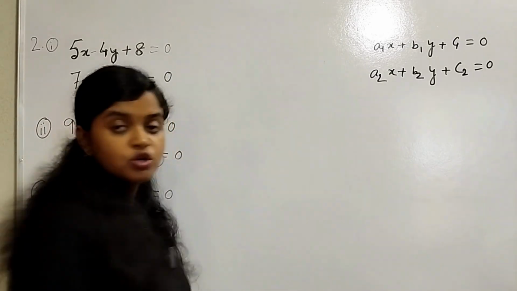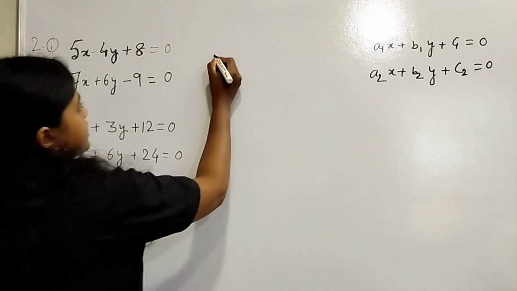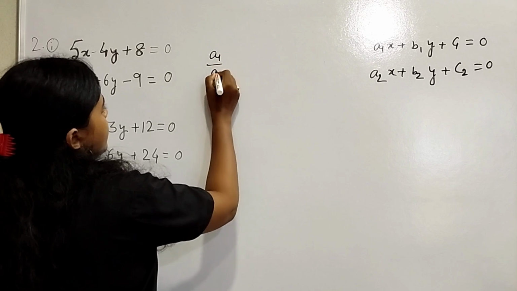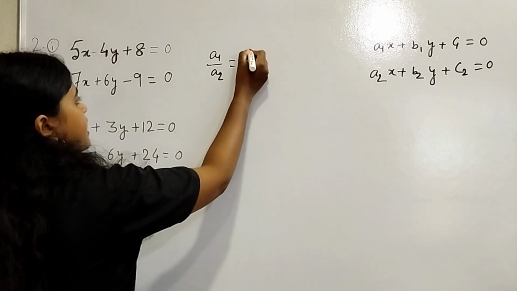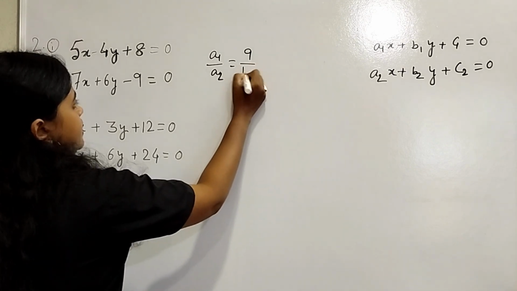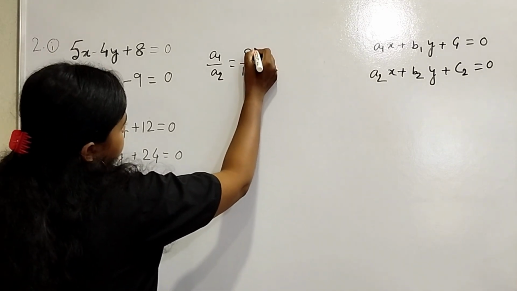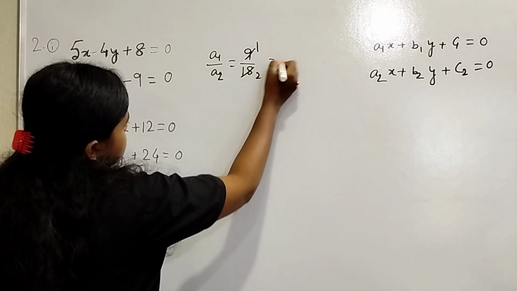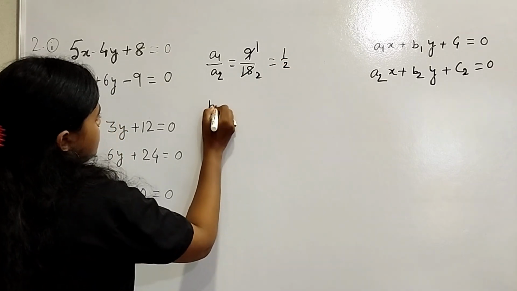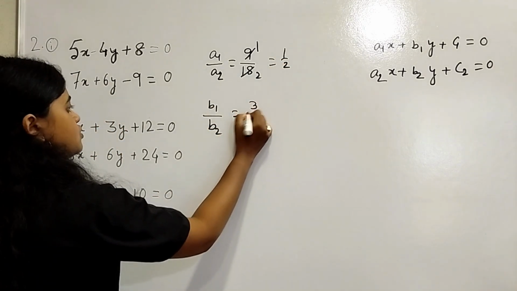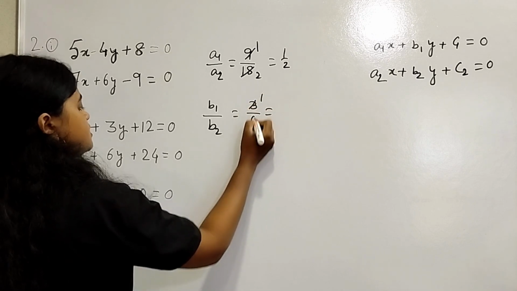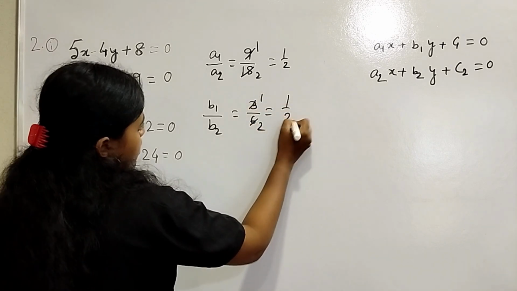For the second question, we are going to find the ratios A1 by A2, B1 by B2 and C1 by C2. A1 by A2 is 9 by 18, and if I simplify that, 9 1s are 9, 9 2s are 18, that is 1 by 2. And B1 by B2 equals 3 by 6, that is 3 1s are 3, 3 2s are 6, it is 1 by 2.